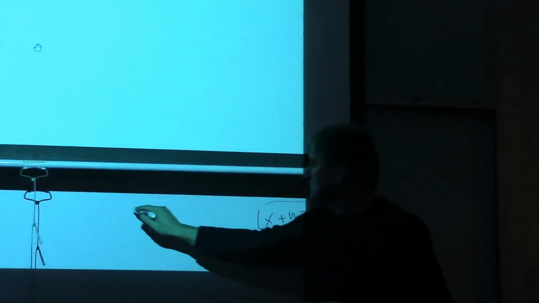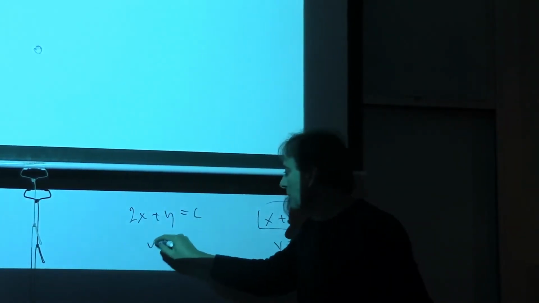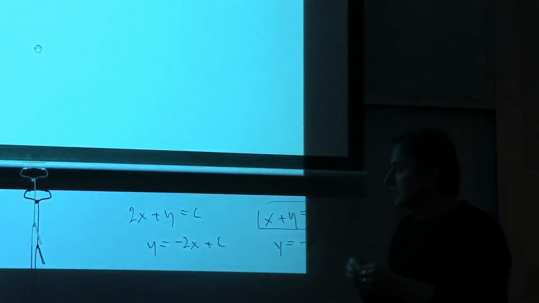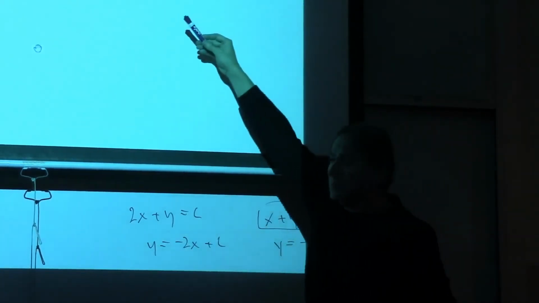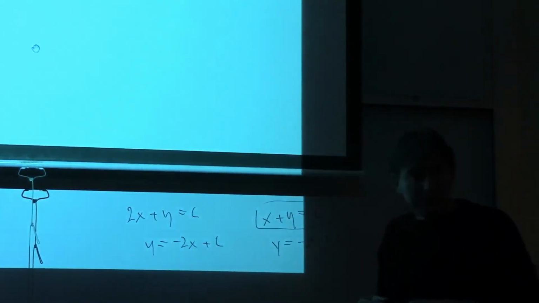If we want to maximize the function 2x plus y is equal to c, then we would get y is equal to minus 2x plus c. That would be the line coming from up high at a more sharp -2 slope. Okay? Does that make sense?